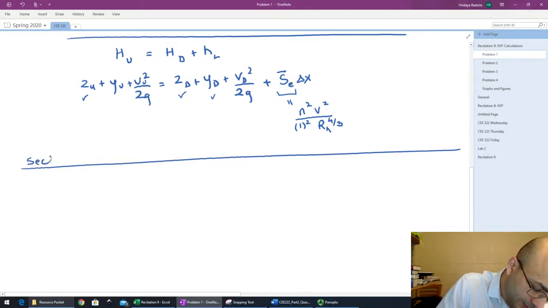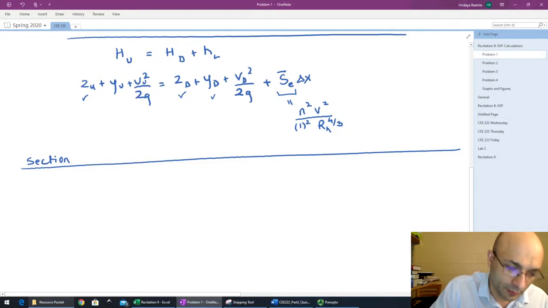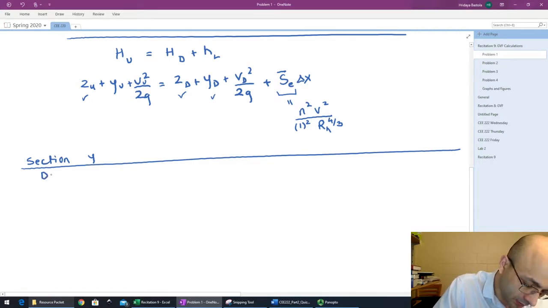So in the section column, we will first enter the water depth. Since we know the downstream water depth, we'll start with downstream and then follow with upstream.